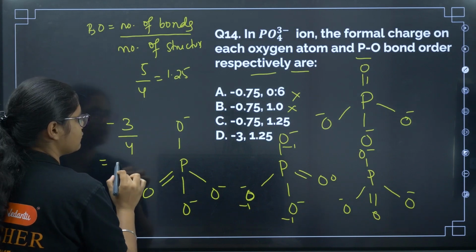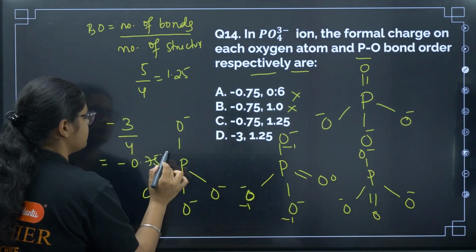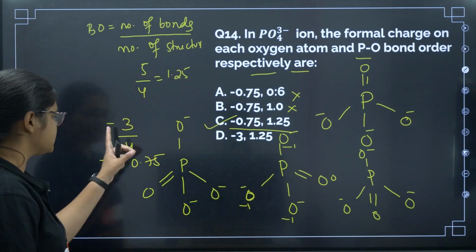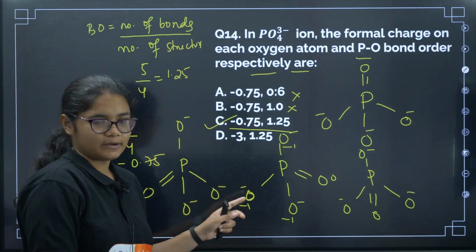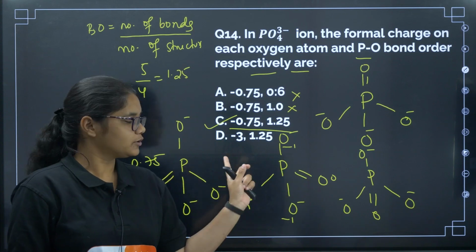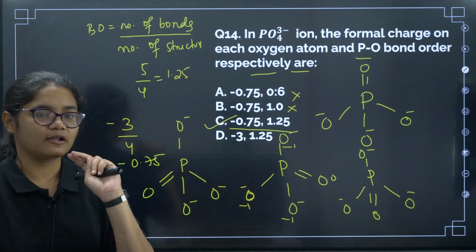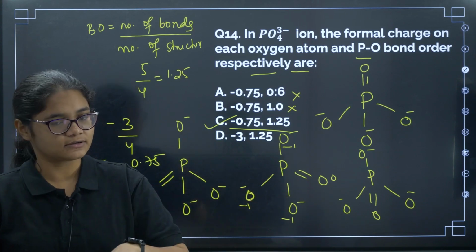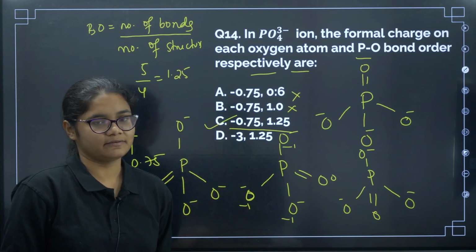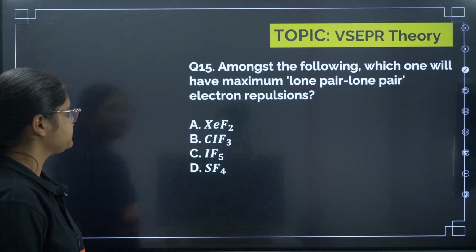So -3/4 will be around 0.75. So the correct answer for this question is option number C. Once again, I am repeating that if you calculate by the formal charge formula also, you will get -1, -1, 0, and -1. So the total charge is -3. There are 4 oxygen atoms, so the charge on each oxygen atom will be -3/4, that is 0.75. Next question.